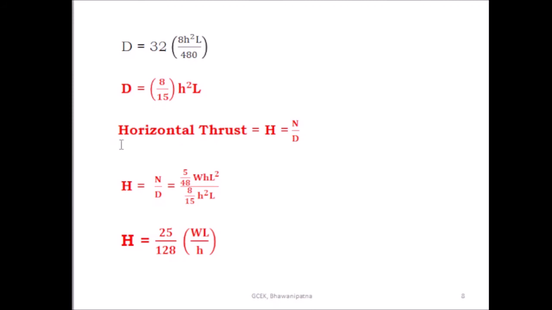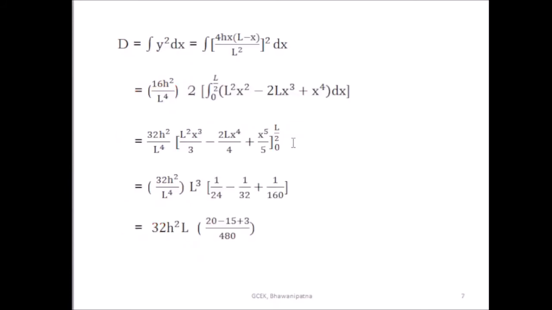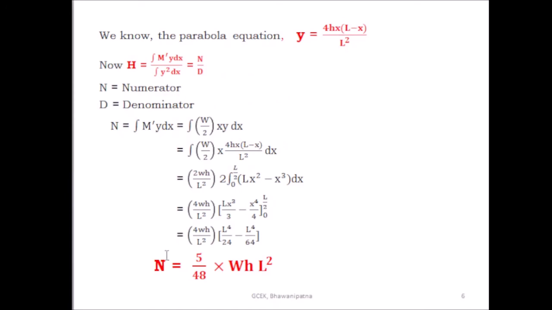But you have to find out what the horizontal thrust is. So the horizontal thrust, H, is equal to numerator by denominator. Here you got the numerator N by integrating M dash y dx, and the denominator by integrating y square dx.